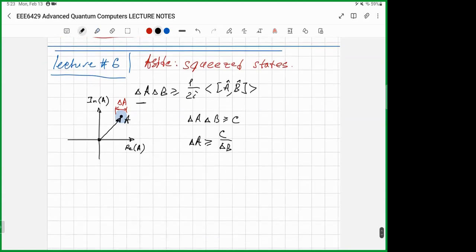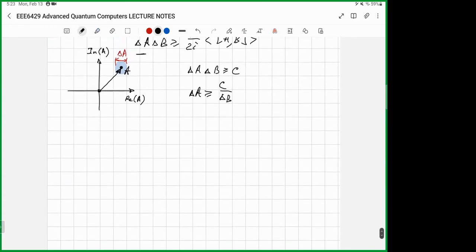That means that in an experiment we can squeeze this state, for example, this state A. Now instead of this circular spot around it, I draw something like this.